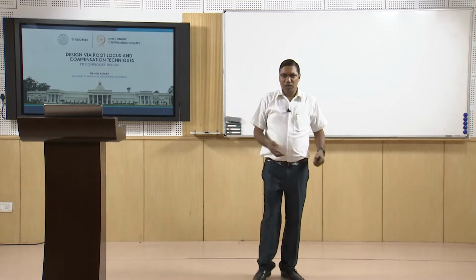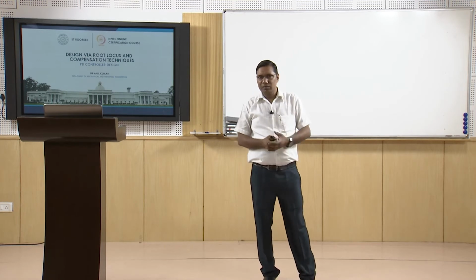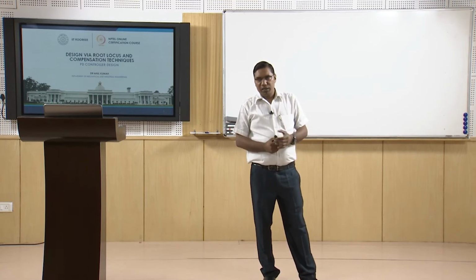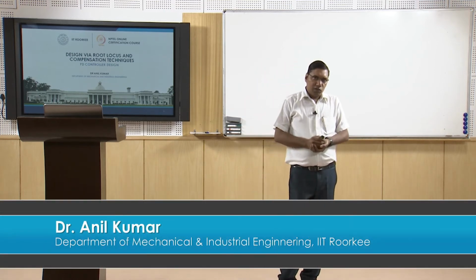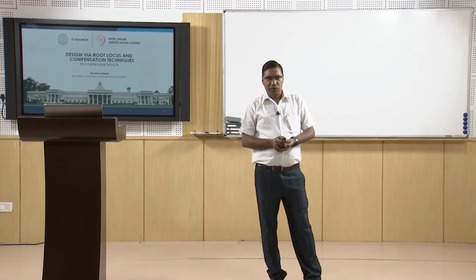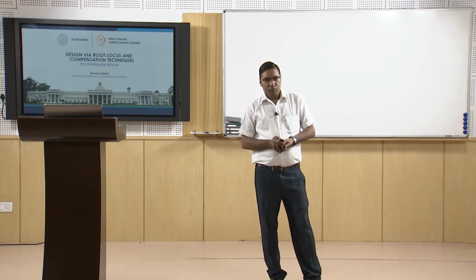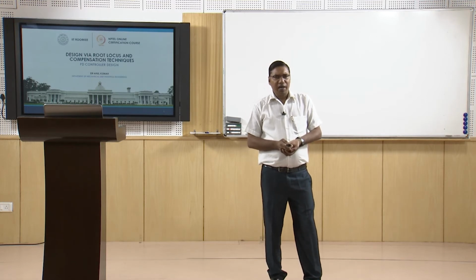If it is on the root locus, then with simple gain we can obtain some value of gain that will give that response. But if it is not on the root locus, we have to augment a PD controller or PD compensator to the system to obtain the desired transient response. So in this case we add a single 0 to the forward path.